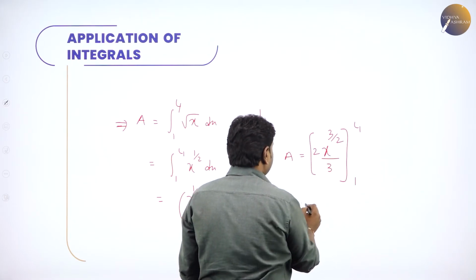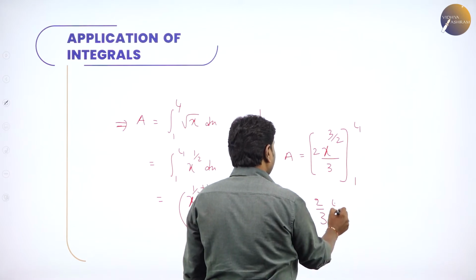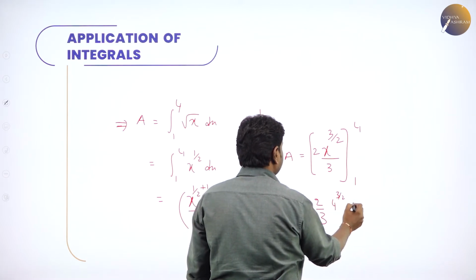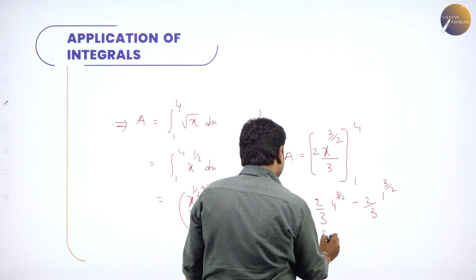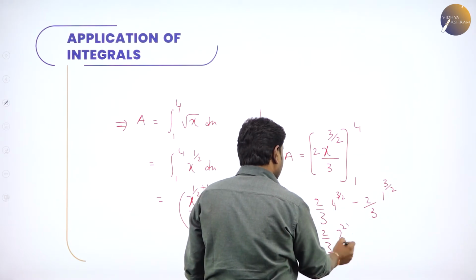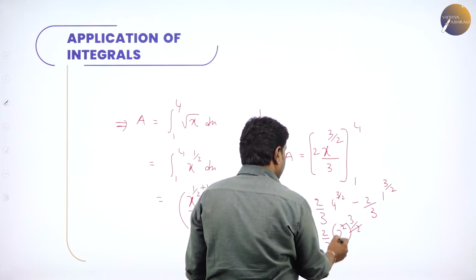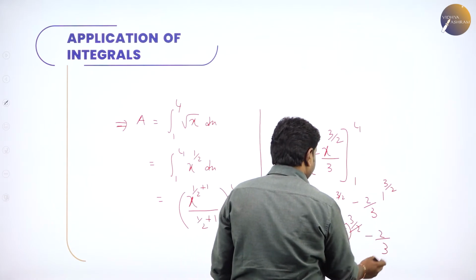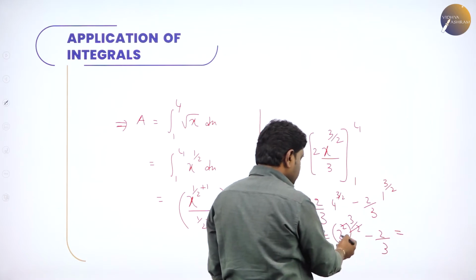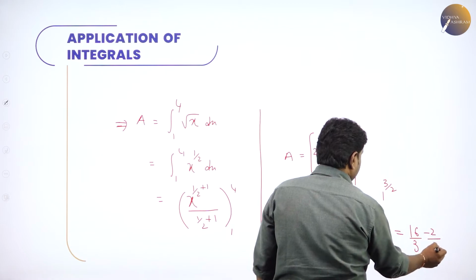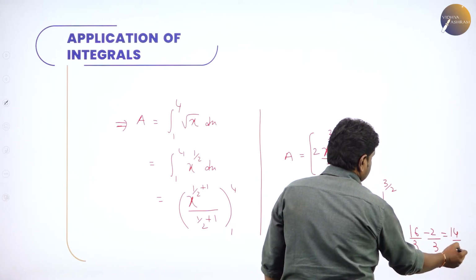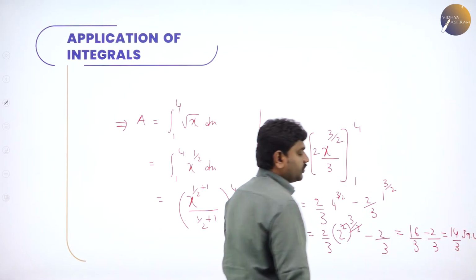Apply upper limit minus lower limit. 2 by 3, 4 power 3 by 2 minus 2 by 3, 1 power 3 by 2. You know, 4 can be written as 2 square power 3 by 2. 2 cancels, minus 2 by 3. That is 2 cube. 2 cube is 8. 8 2s are 16. 16 by 3 minus 2 by 3. That is 14 by 3 square units. This is the required area.